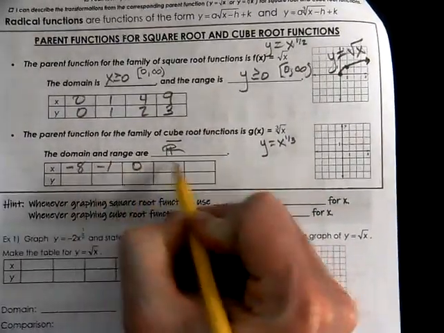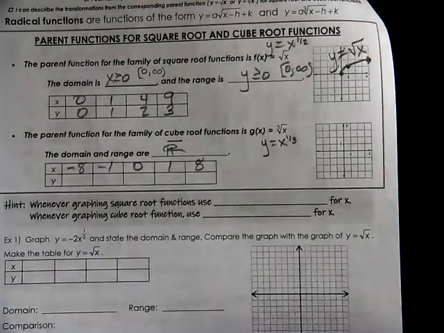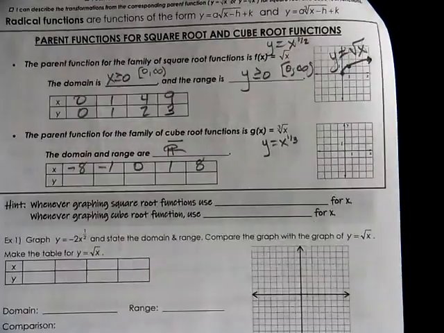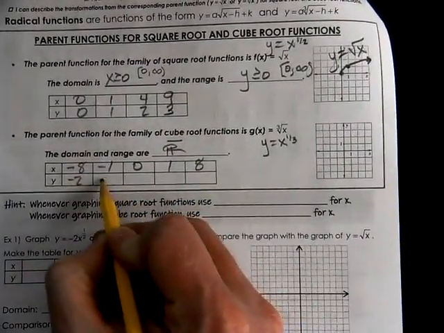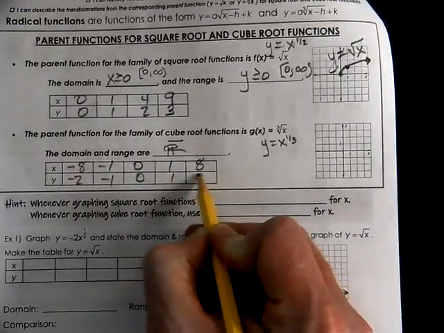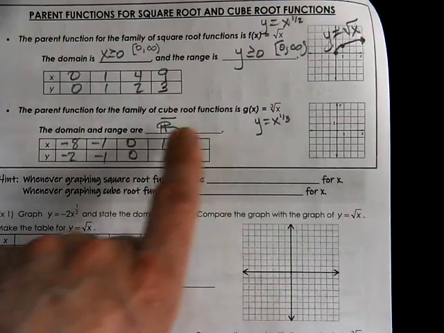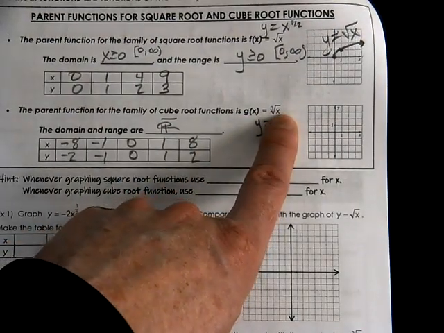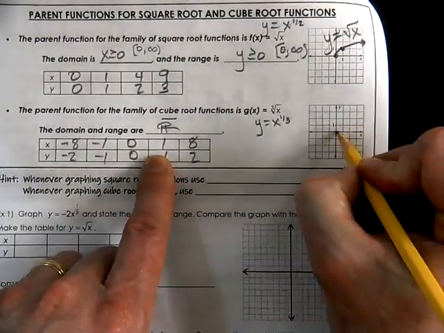Plug in negative 1, 0, 1, and 8. There are no numbers you can't take the cube root of. So the cube root of negative 8 is negative 2. Negative 1, 0, 1, and 2. So we're just plugging numbers into our function to help us calculate the table.